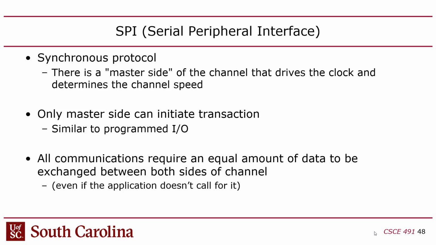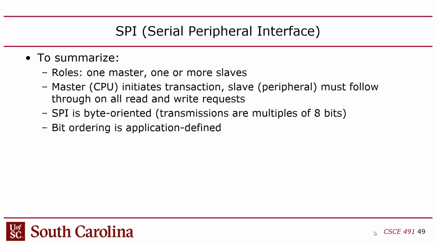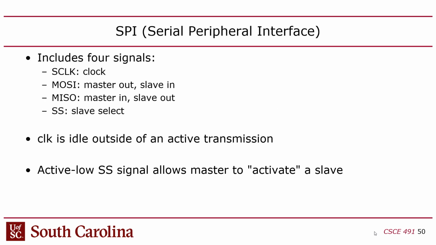SPI is a master-slave interface where the master initiates communication, and then it's expected that the other side cooperates with that. There are four wires that make up a channel.